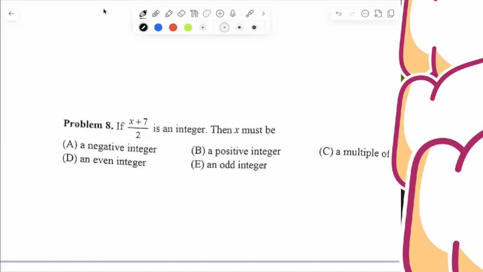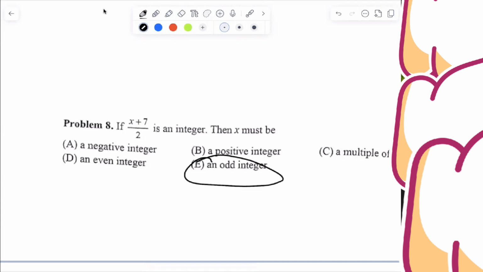Let's get started. So x must be an odd integer. That's the answer. Why isn't it positive? Why can't we say it's positive? Well, evenness and oddness can be extended to the negative side.